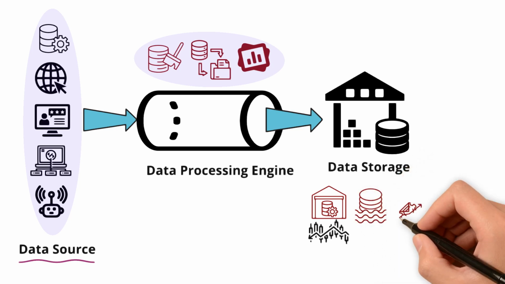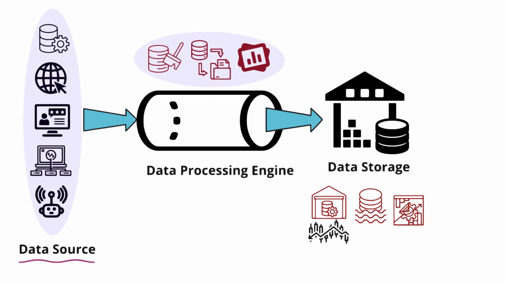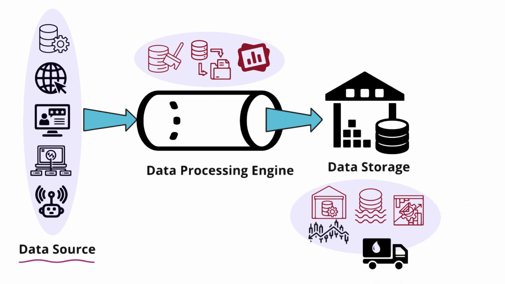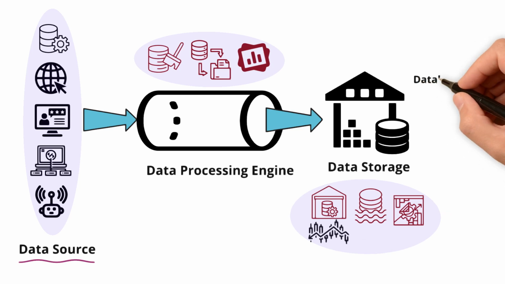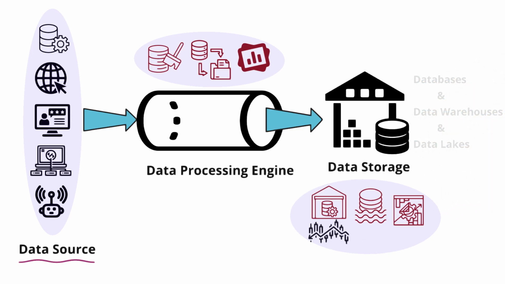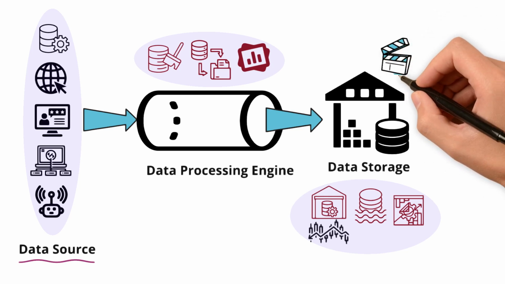An analytics engine where you can analyze the data and gain insights is also an option. This is like delivering clean water to your home. By the way, if you want to dig deeper into databases, data warehouses, and data lakes and the supporting technologies, watch out for the video in the data warehousing series.